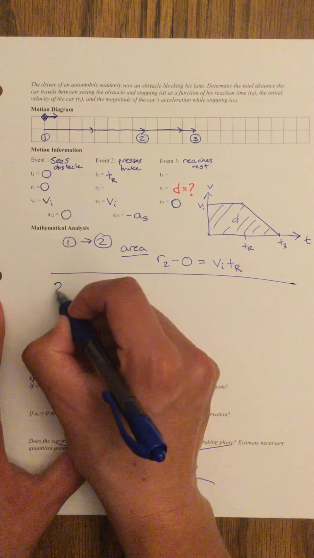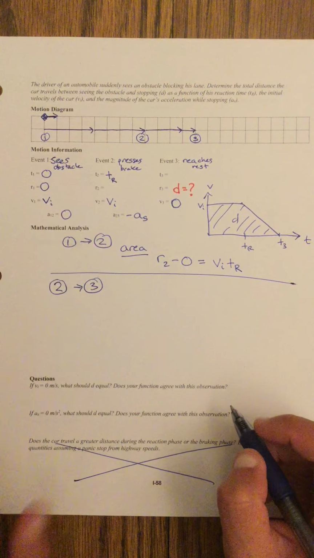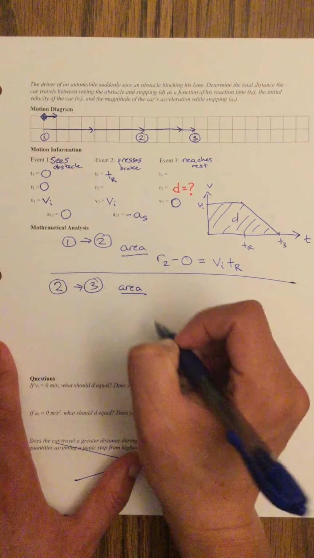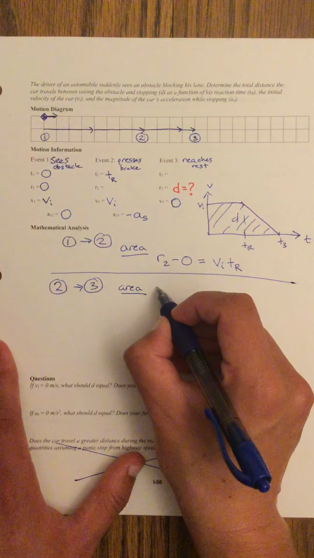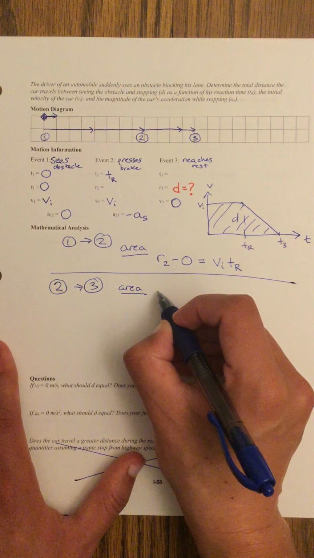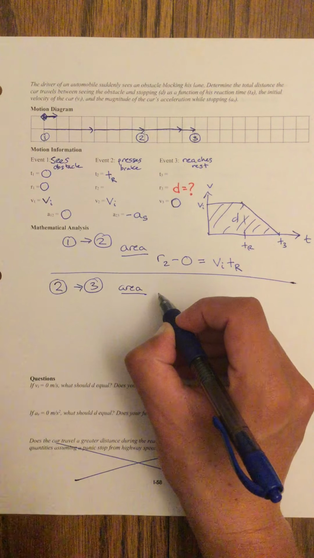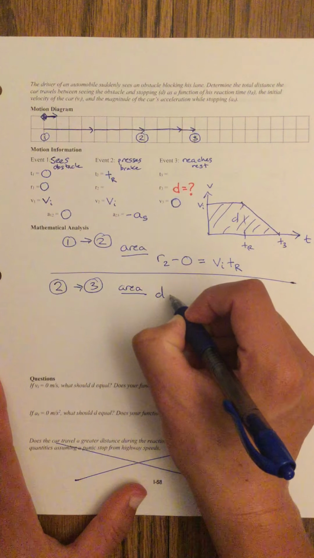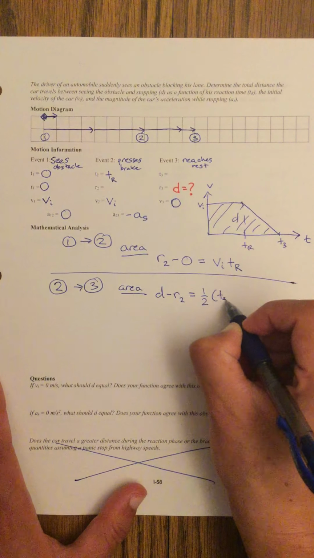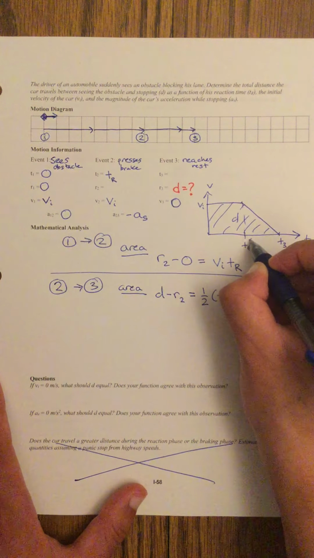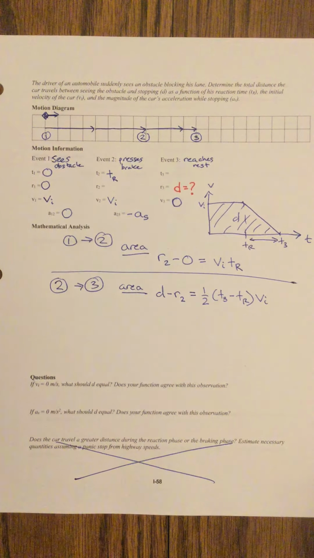Okay, so then I can move on and go from event 2 to event 3. I'm going to look at the area first. And for this part of the graph, we have a triangle, and that is change in position, so that's delta R2,3, or we could call it R3 minus R2, or since R3 is equal to D, we could say D minus R2 is equal to 1/2 the base, which is T3 minus TR, that's the distance from here to here, and the height is VI.